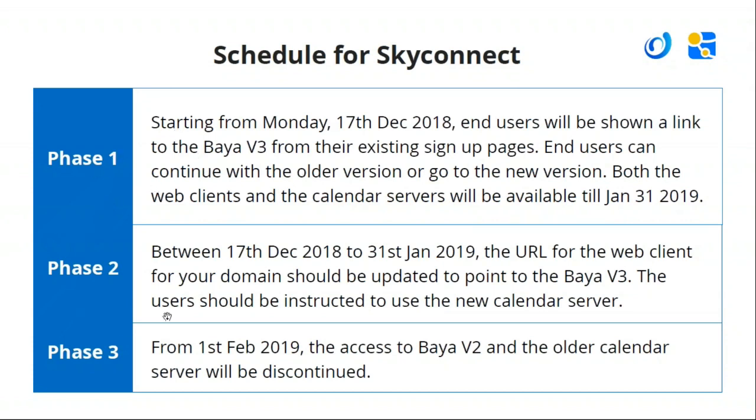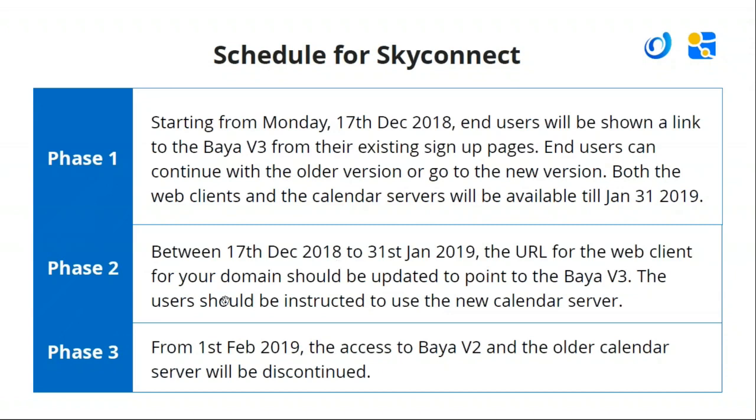In the second phase, between 17th December and 31st January, the URL for the web client for your domain should be updated. The support team will help you in that, on how to point to Baya V3. Basically your URL needs to be pointed to Baya V3 and the changes need to be done in DNS.